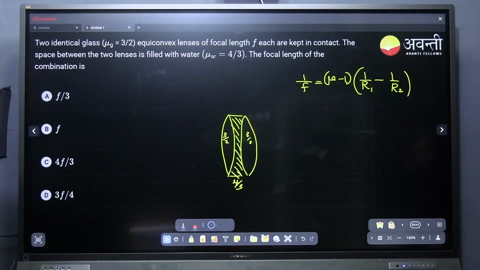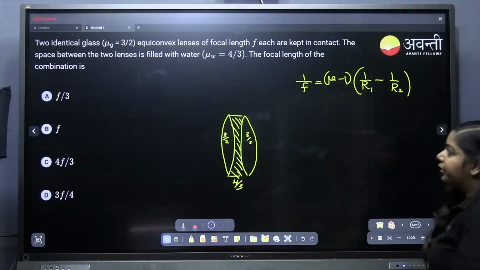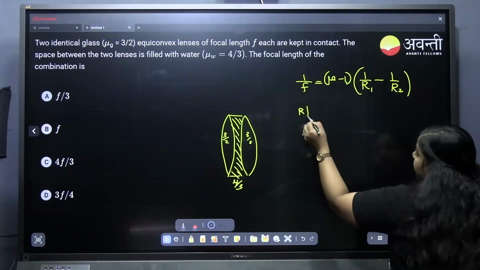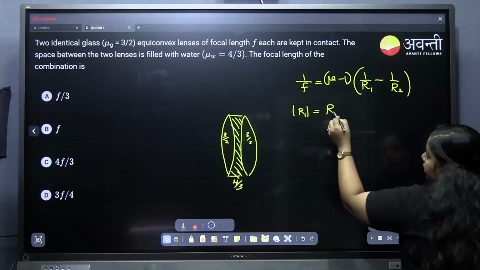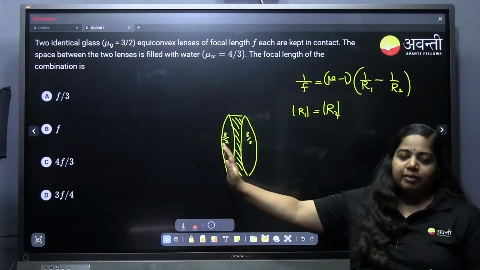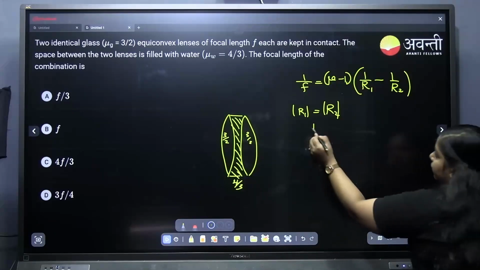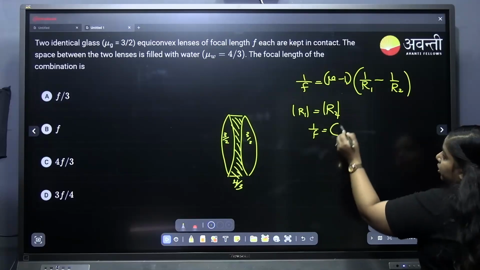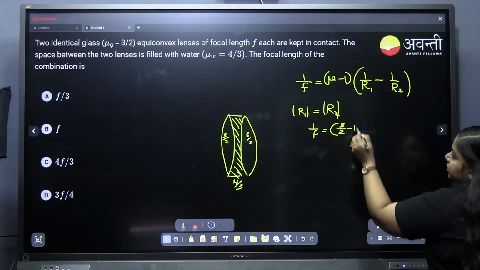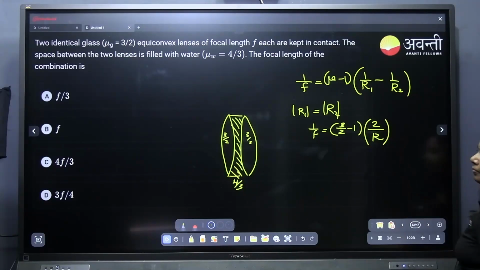I hope not. This is the formula. Since they are identical, R1 equal to R2 in magnitude, but R1 is on the positive side, R2 is on the negative side. So this will become 1 by f equal to 3 by 2 minus 1 into 2 by R.